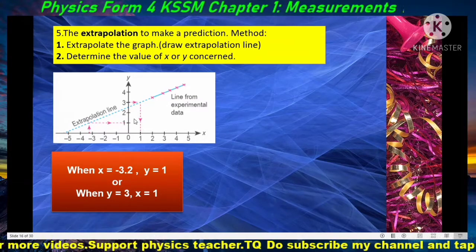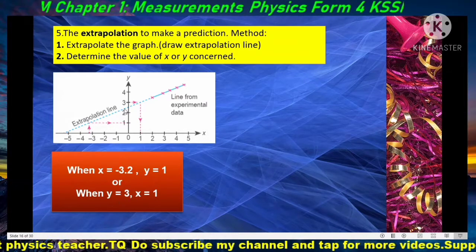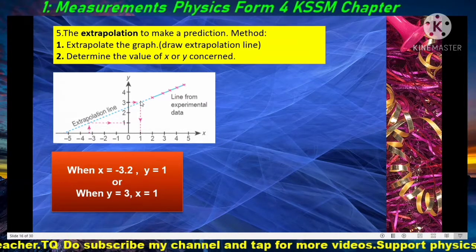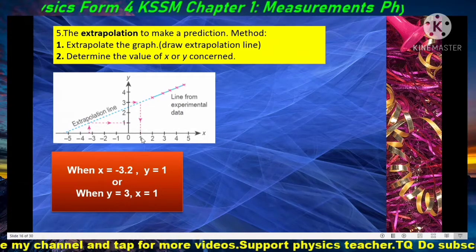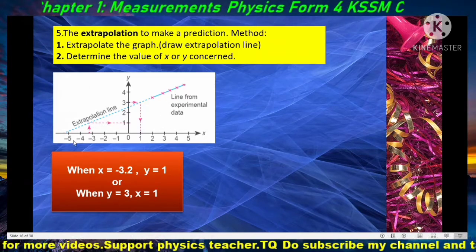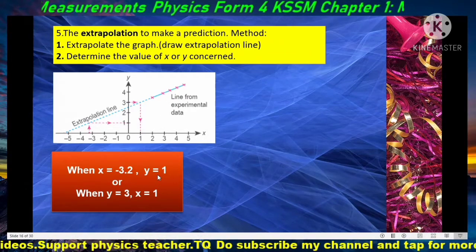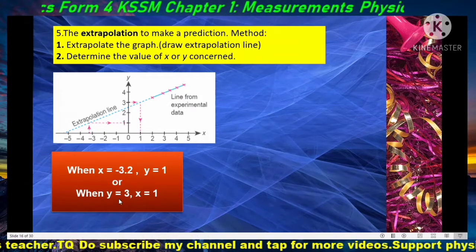So you will get the value of y equals 1, or given the value of y 3, 3 is also out of range. So you get x equals 1. So we use this extrapolation line to predict the value of y when given x, or to predict the value of x when given y.